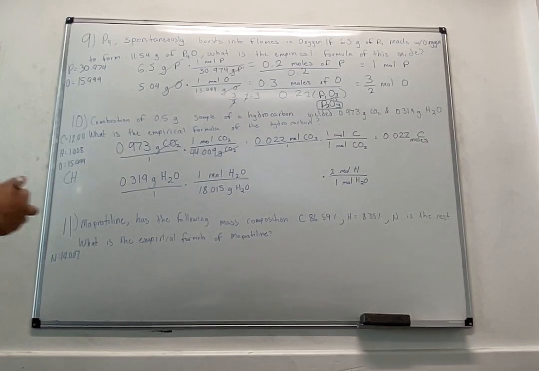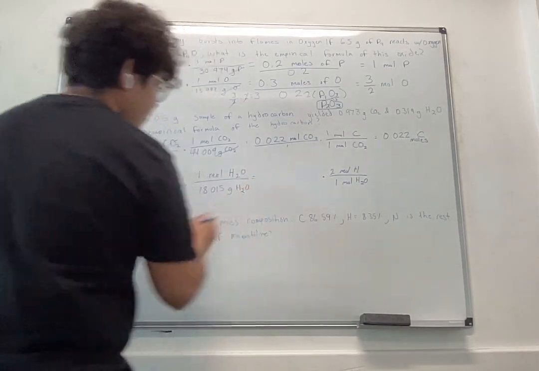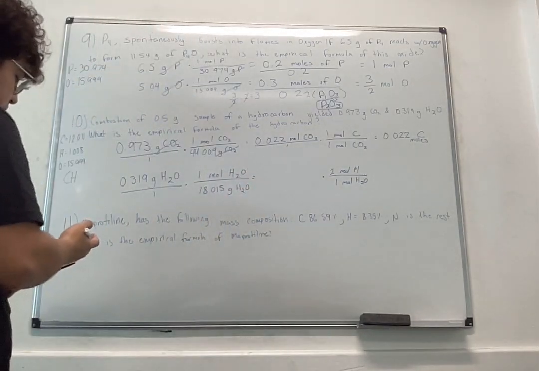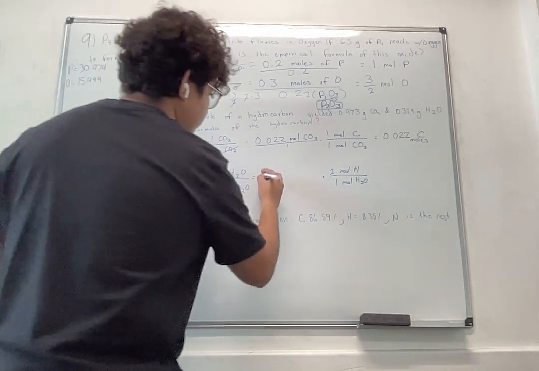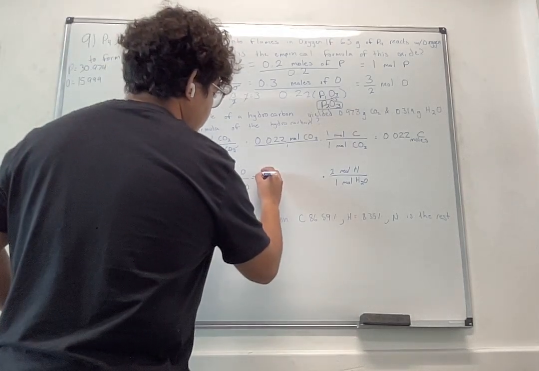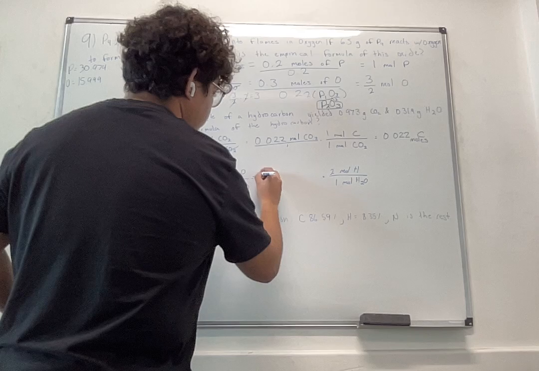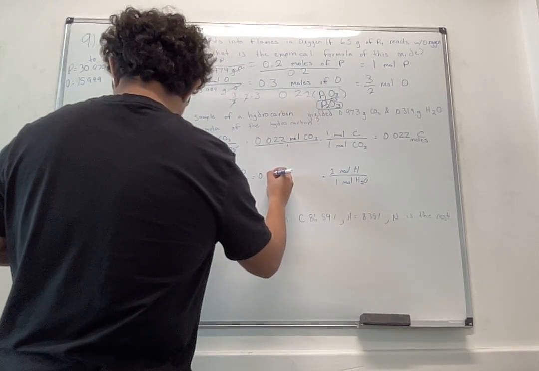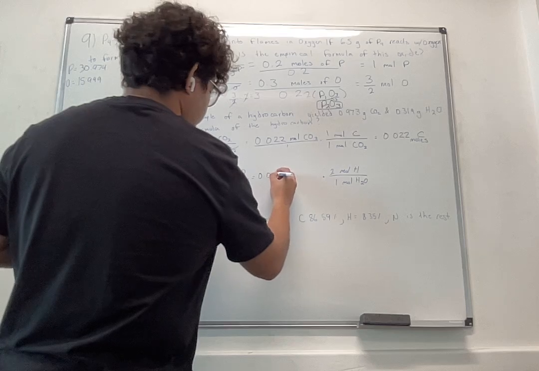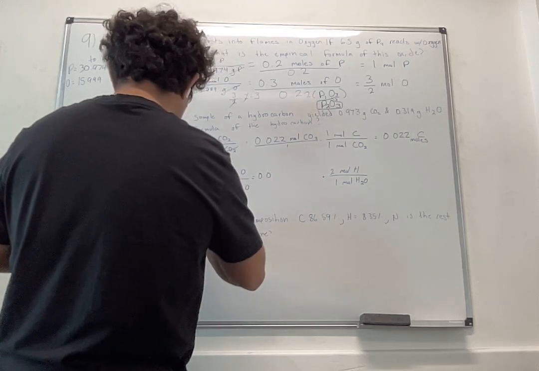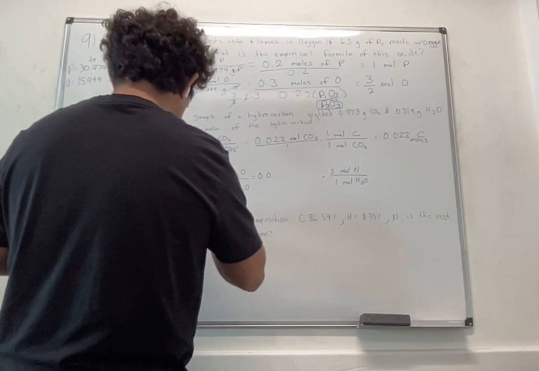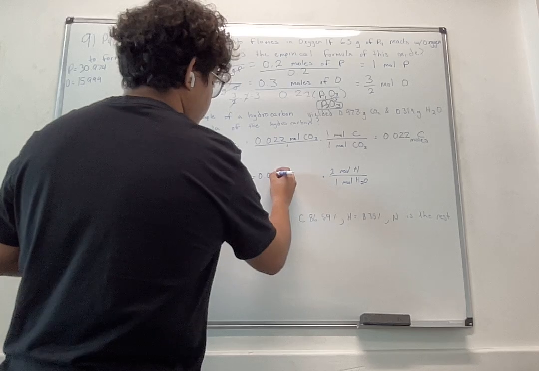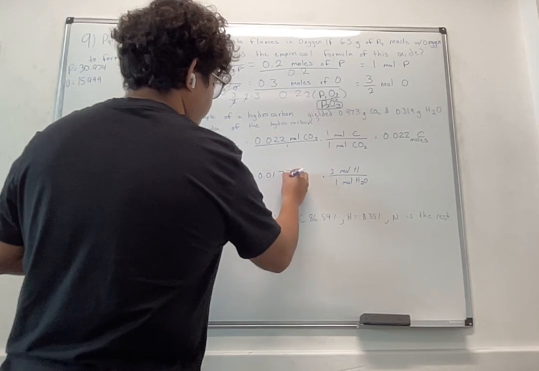You can see here, your calculator should give you 0.0177, right?